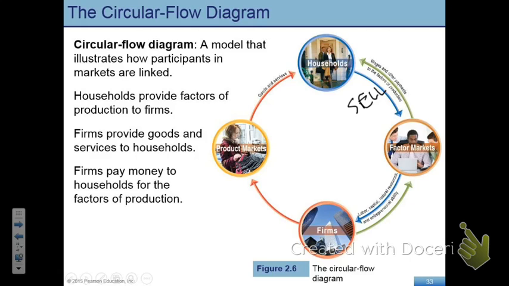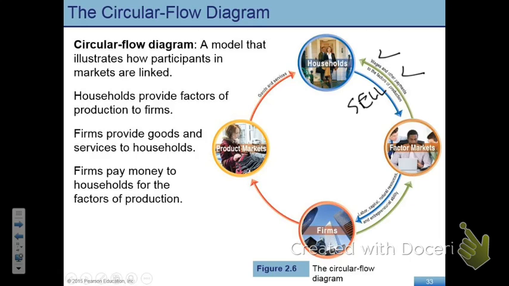What our household gets are wages and other forms of payment. Wages is probably the most important payment that a household receives. So wages are the payment for the labor that the household supplies to the firm.